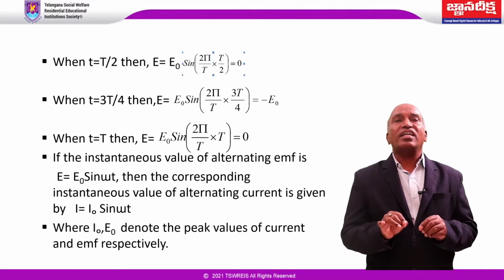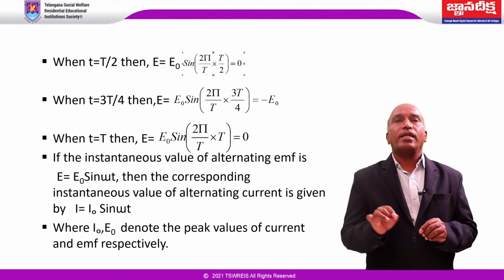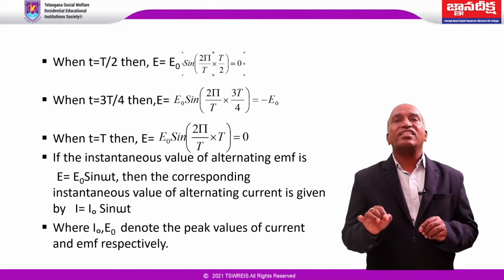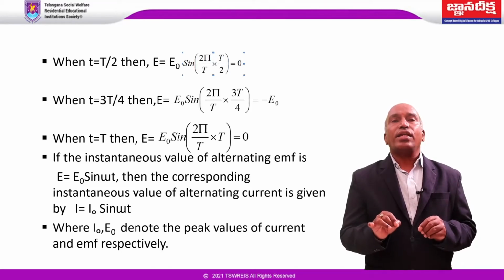When t is equal to 3T by 4, then E is equal to E0 sine of 2 pi by T into 3T by 4, that is equal to minus E0. When t is equal to T, on completion of one complete cycle, then E is equal to E0 sine of 2 pi by T into T, that is equal to 0.